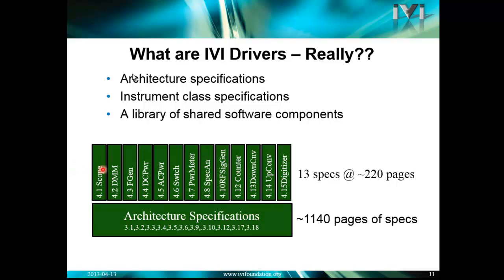Clearly, the reason the class specifications are interesting is you would like to be able to build a system that controls a DMM and have that not be specific to a particular DMM. And so having the class specifications provides a common set of APIs that are implemented by instruments of a class, and it simplifies the work of somebody maintaining a system. They need to put in a different piece of equipment.